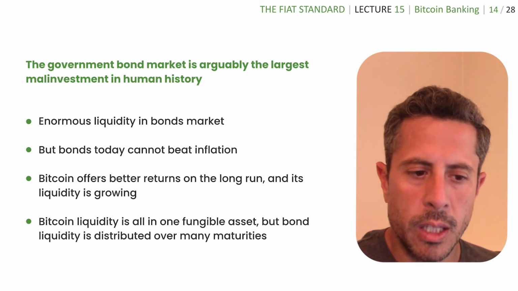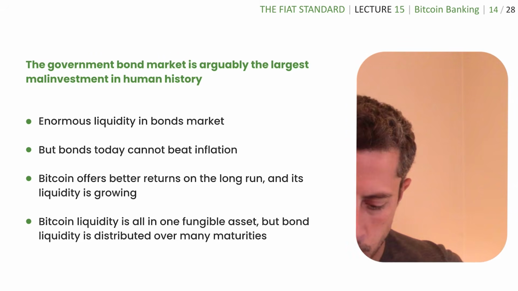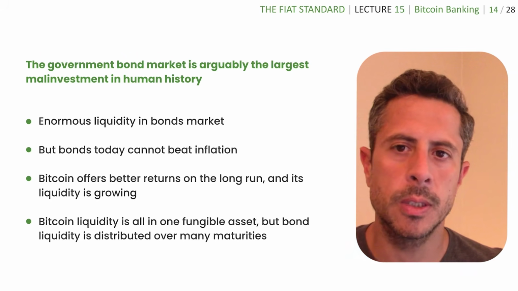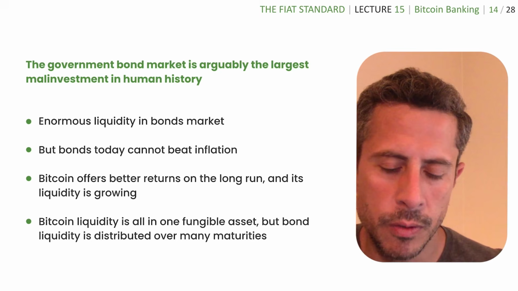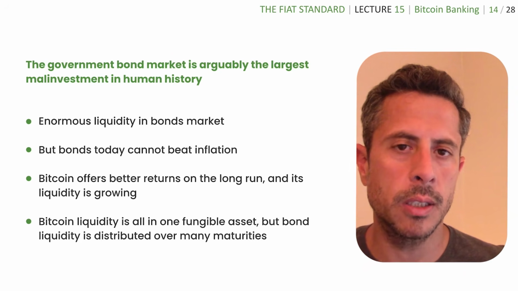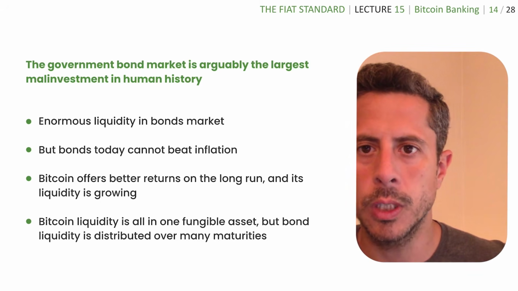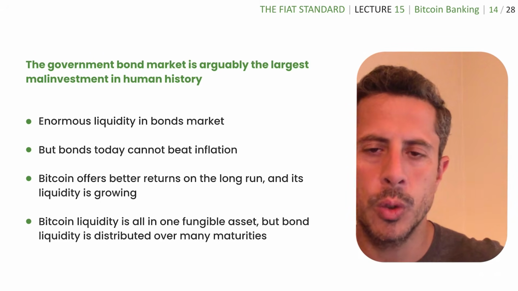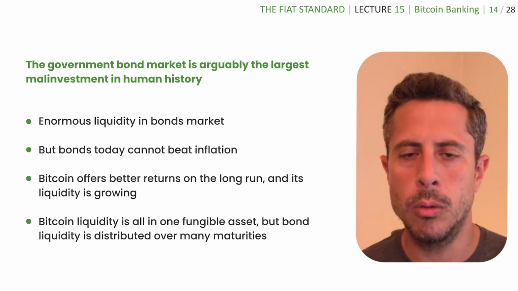So one other reason why I think Bitcoin improves over the bond market as the ultimate store of value for the fiat system is that the bond market, even though it is enormously liquid and it's got more than $100 trillion in it, these $100 trillion are bonds of different maturity for different institutions. So it's not all homogeneous.